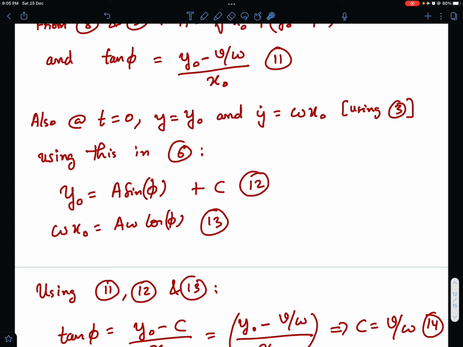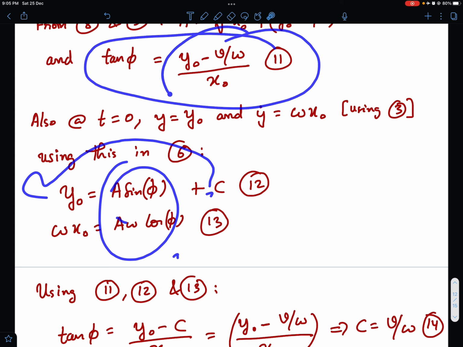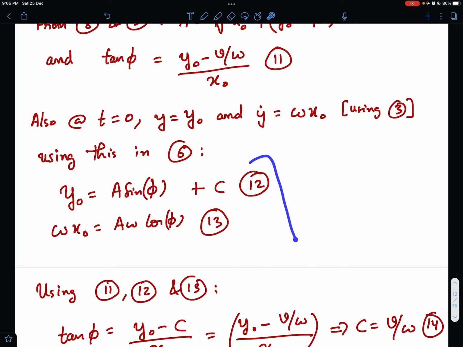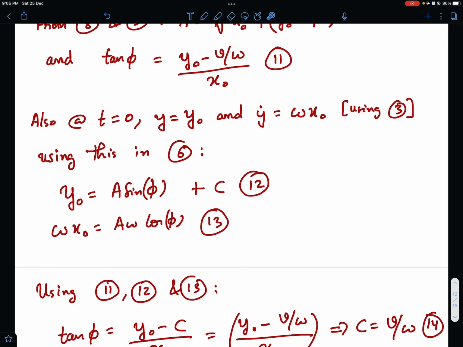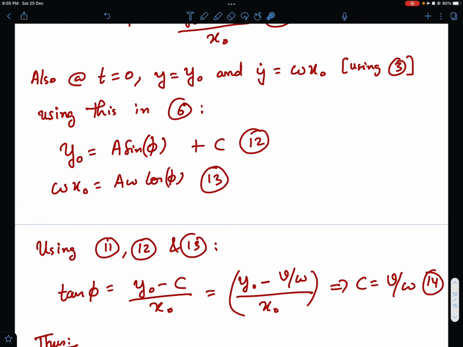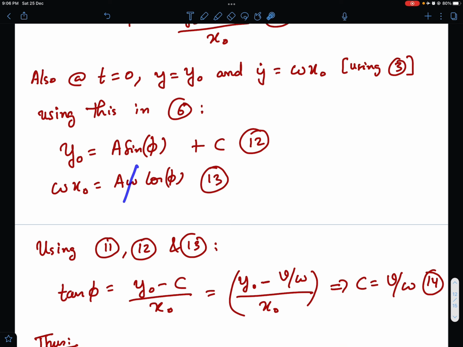So you can see, you can take c to this side and you can divide these two equations, then you will get tan phi, and tan phi you can equate from the RHS of equation number 11. So here also from 12, 13 you get tan phi, and here you get tan phi, and you equate the tan phi values. So tan phi from these two equations is y naught minus c upon x naught. See, this c will go there and then you divide, omega will cancel, and this is what you get, tan phi.